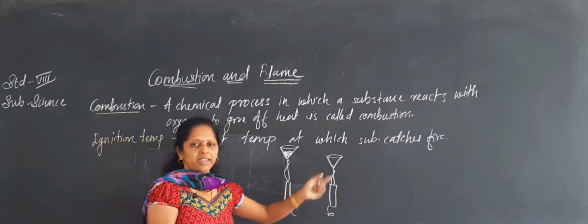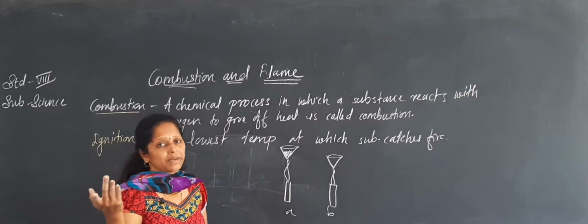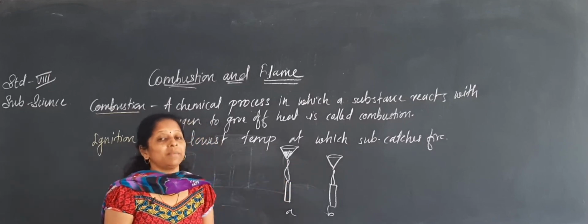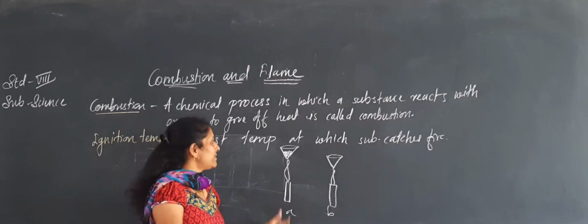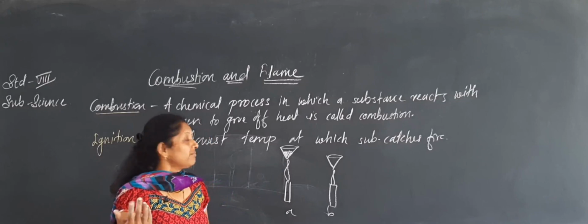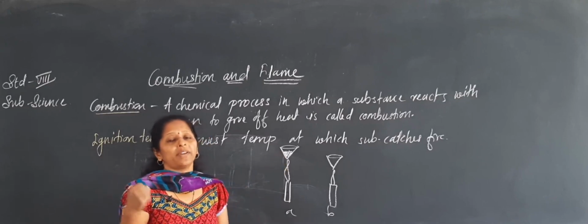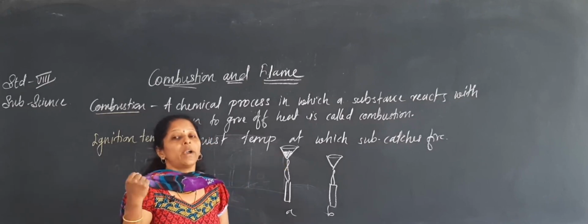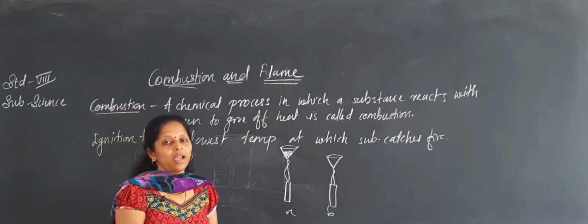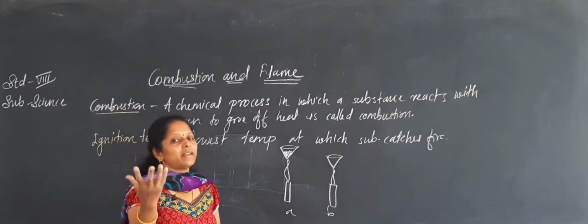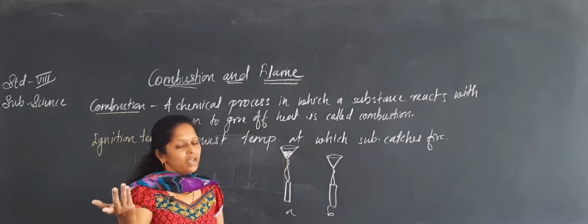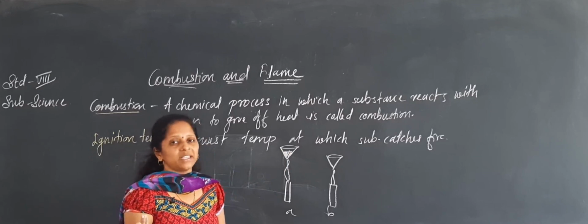Yes, as you know, the second one, without water, burns immediately. What is taking place in the other? Here the paper cup has water in it. The paper cup does not reach the ignition temperature because of the water. Water will not allow the paper cup to reach its ignition temperature. So the paper is there, but because of the water it does not reach the ignition temperature.